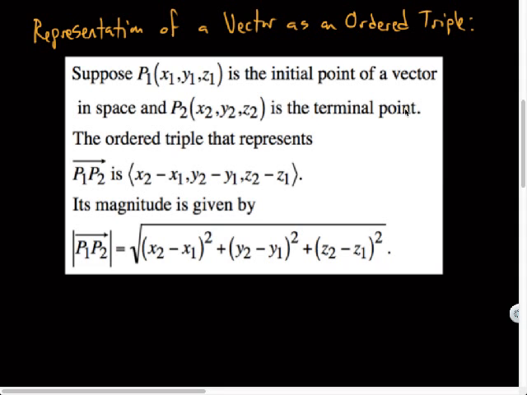Similar to what we saw yesterday, except with ordered pairs. The ordered triple that represents vector P1P2 is the following. And notice it's found exactly the same way we did last time, where I just take the second coordinate minus first coordinate, second coordinate minus first coordinate, second coordinate minus first coordinate, and I end up getting my vector represented as an ordered triple, okay?